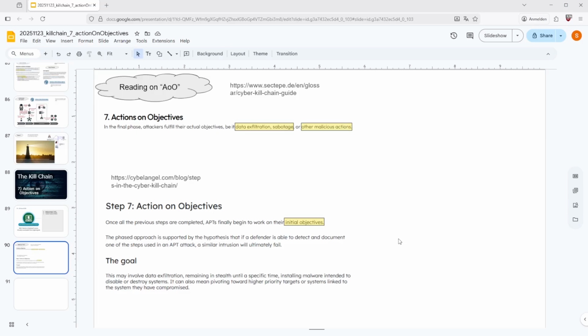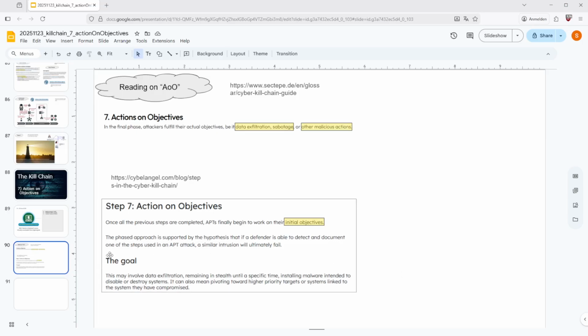They thought, okay, this company is worth being attacked, and only then they initiated the attack. So in this last step, they finally get to harvest the reward. They worked hard for this, and this is the step where they take the crown jewels, the information that they wanted. This is really well written here.